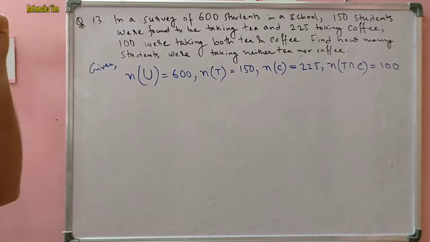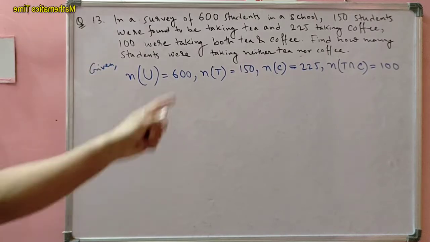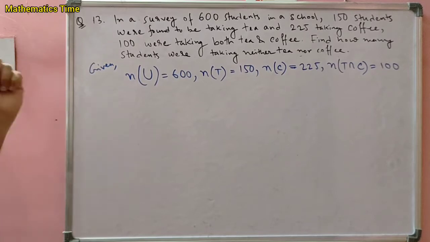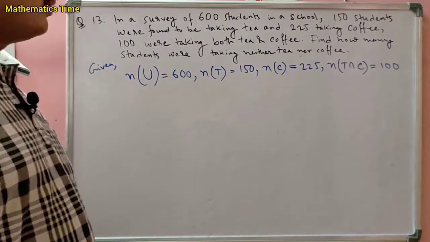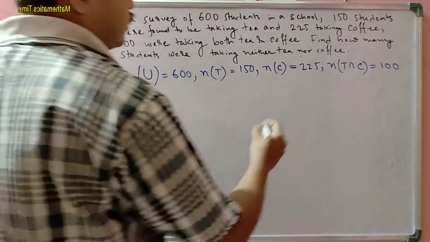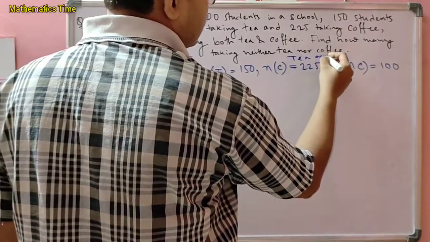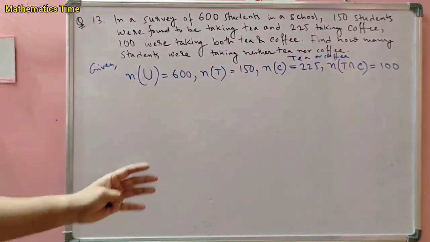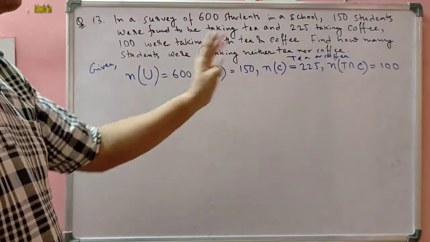We have to find how many students were taking neither tea nor coffee. Before finding that, we need to find how many students were taking at least one of tea or coffee, the set including both tea and coffee.